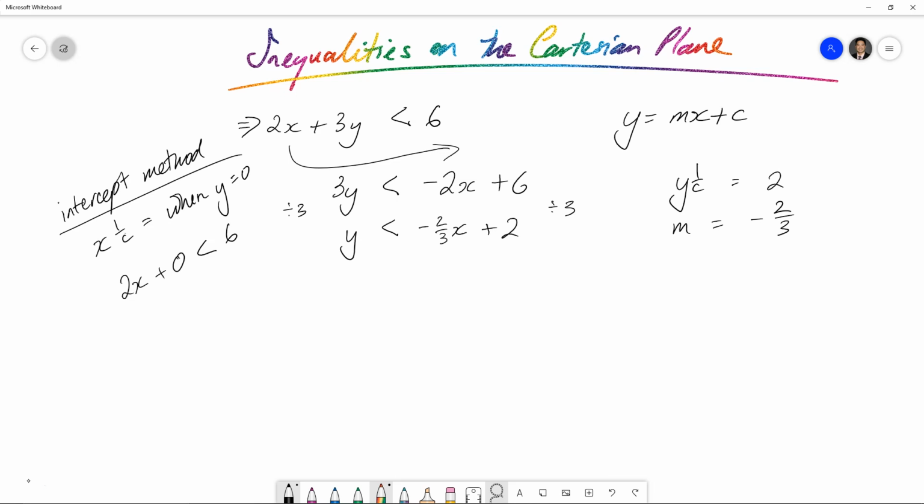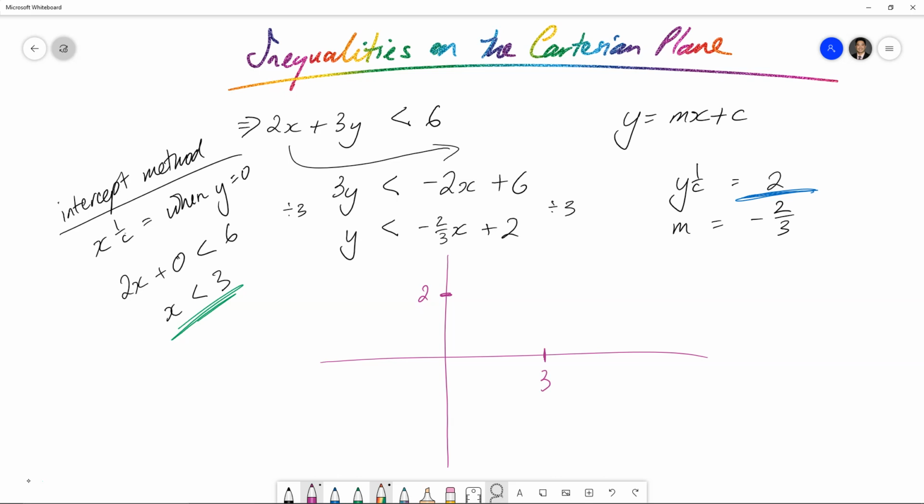That means x is going to be less than 3. So here we have our x-intercept, and here we have our y-intercept. Okay, so if we were to sketch this, we have 2 for our y, and we have 3 as our x.